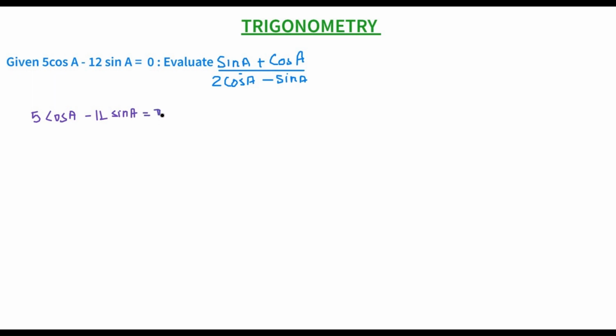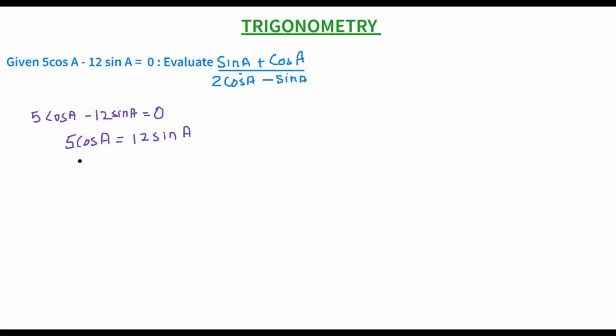So this is what is given to us, right? Now I'm going to take this 12 sin A to the other side. When it goes to the other side, the minus sign will become plus, so 5 cos A equals 12 sin A. Now I'm just going to cross multiply.